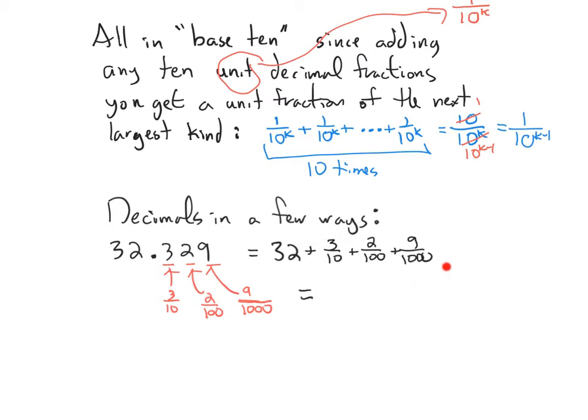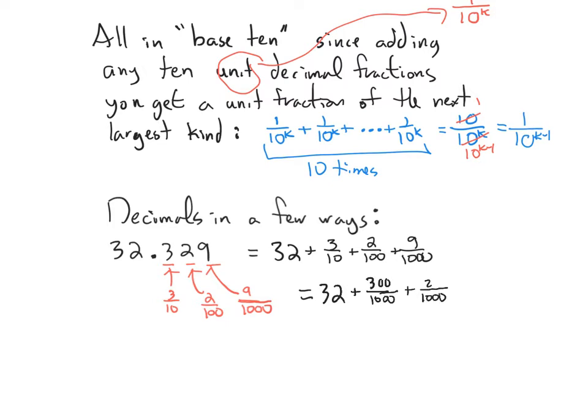Or if you like, we can get a common denominator for all of the fraction bit. Thousandths would be the least common multiple of 10, 100, and 1,000. So that's the best denominator. I'll do this in 2 stages, as 32 plus, well, 3/10 is the same as 300 over 1,000, multiplying top and bottom of 3/10 by 100, multiplying top and bottom of 2/100 by 10 to get 1,000 in your denominator.